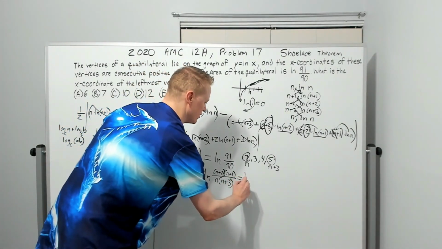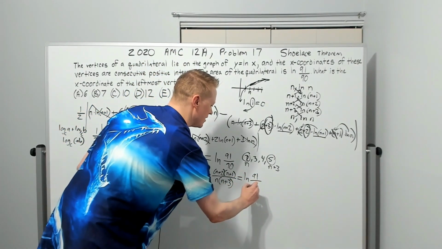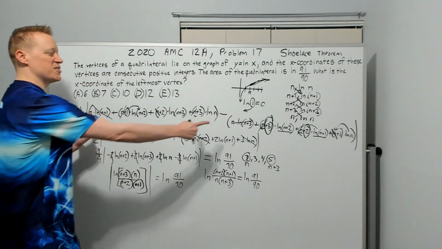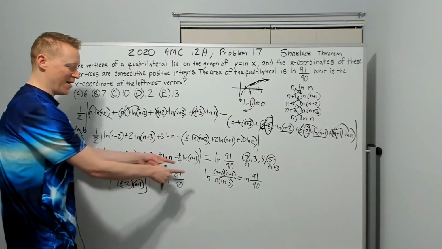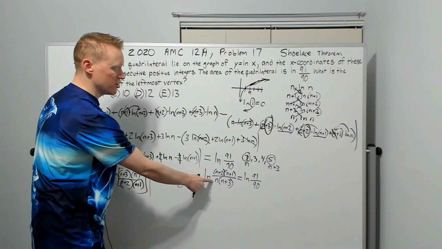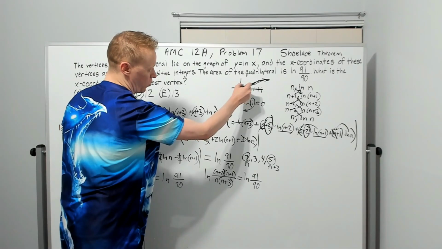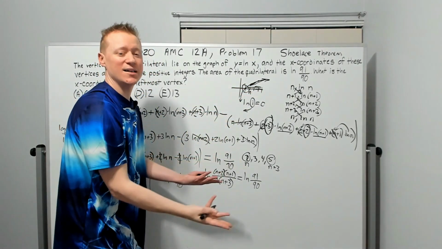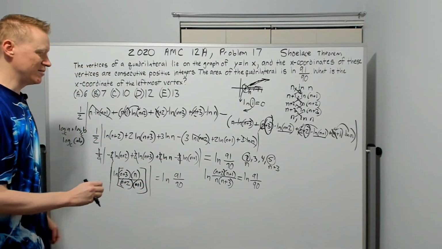This will equal the natural log of 91 over 90. I don't need the absolute value anymore because we switched the order of subtraction, and now this has a larger number over a smaller, meaning it's past the 1 on the x value, which means the value of it is positive, and therefore no absolute value needed.